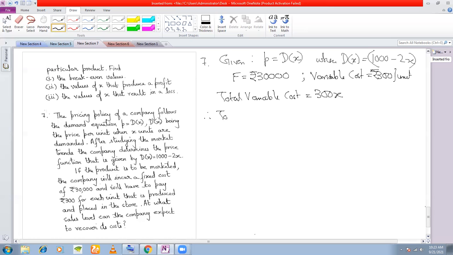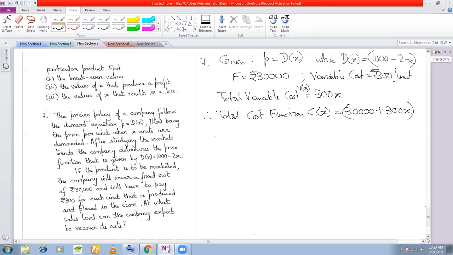Therefore, total cost function C(x) is equal to fixed cost plus 300x, total variable cost. This is the total cost function.